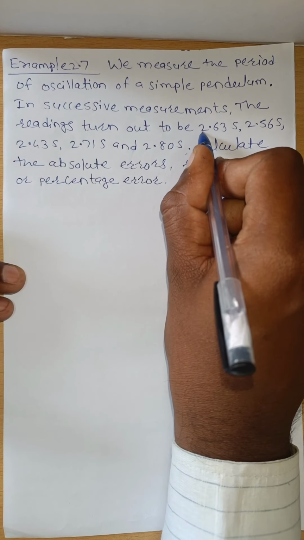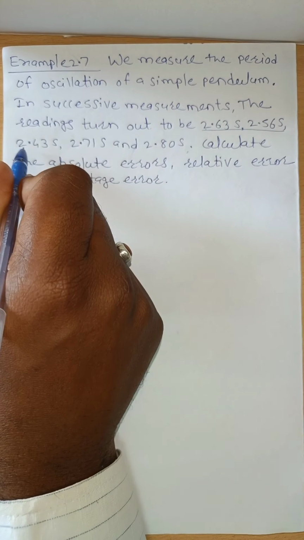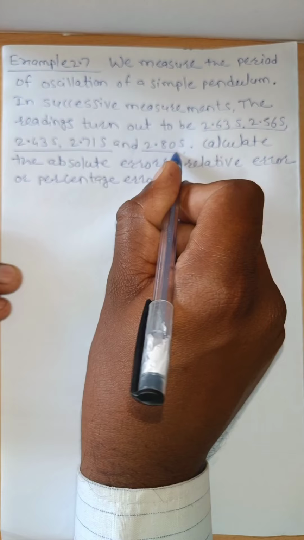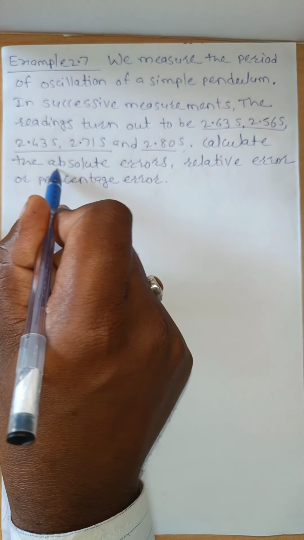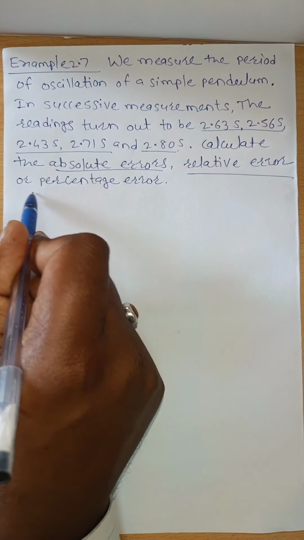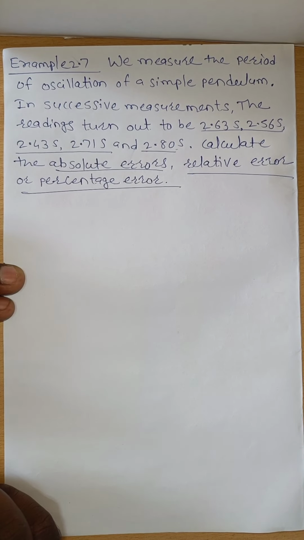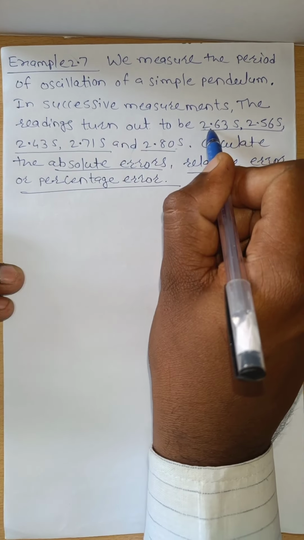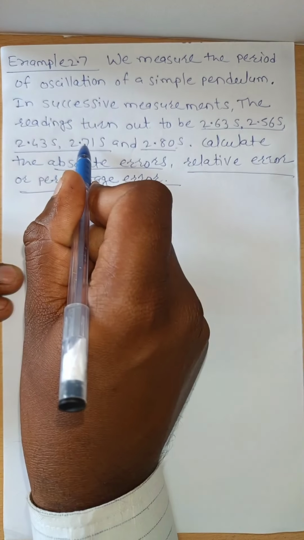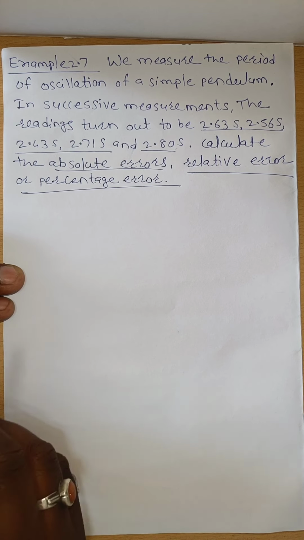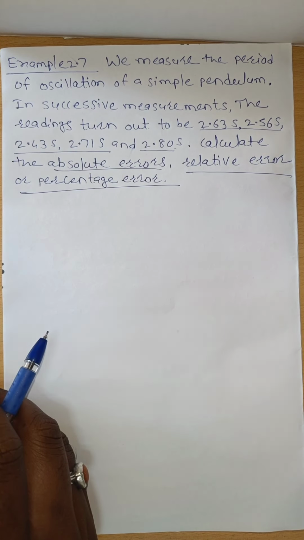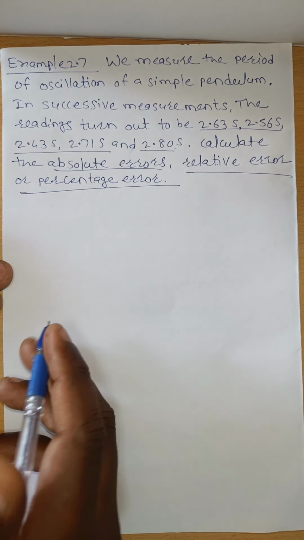Here they are giving 5 readings of the time period of a simple pendulum. Using those 5 readings, we have to find the absolute error, relative error, and percentage error. These are A1, A2, A3, A4, A5. We have to apply what we said previously in this example.